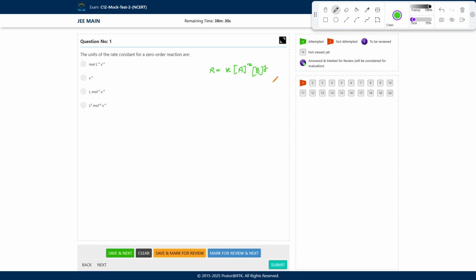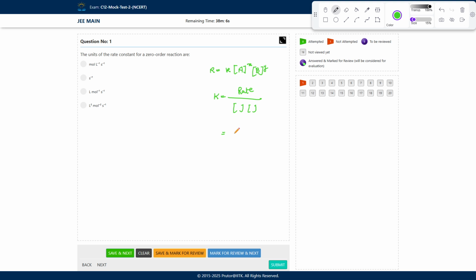This is the rate law for any general reaction, A plus B giving us C plus D. Now from here, the value of K will be rate upon the concentration of A and the concentration of B. Right, now if you want to find out the K, that is the rate constant unit, you have to find out the unit of the right hand side things.